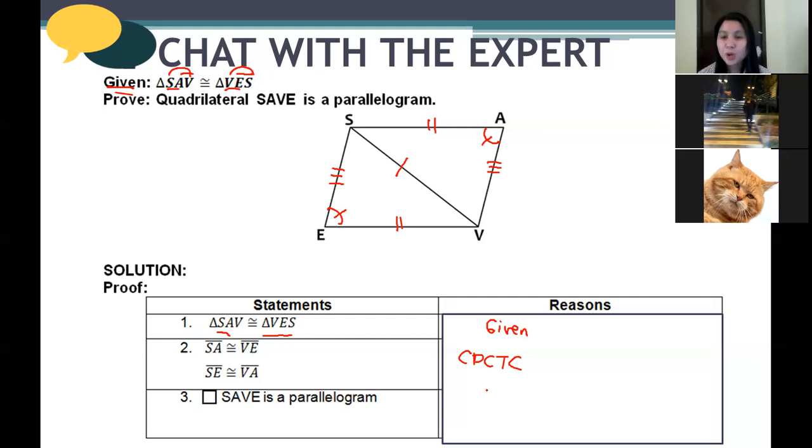Who can tell me what is the reason? Why is it a parallelogram? What's the theorem?